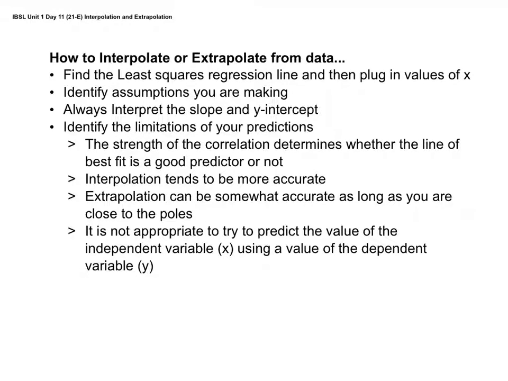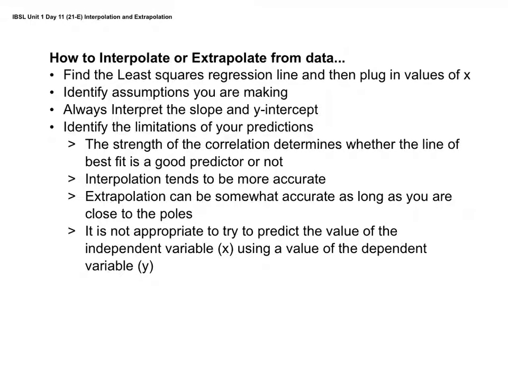You're assuming that your data is not affected heavily by outliers or anything like that. Okay? So you need to identify those assumptions that you're making.